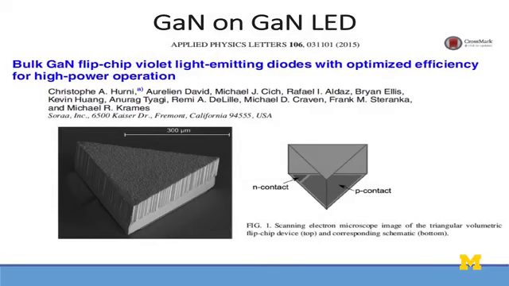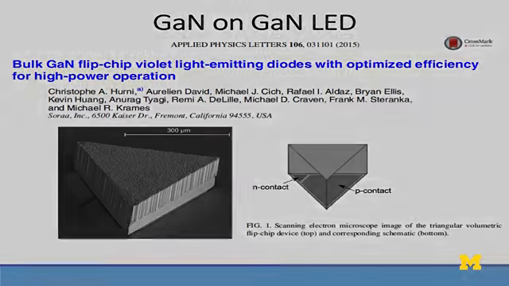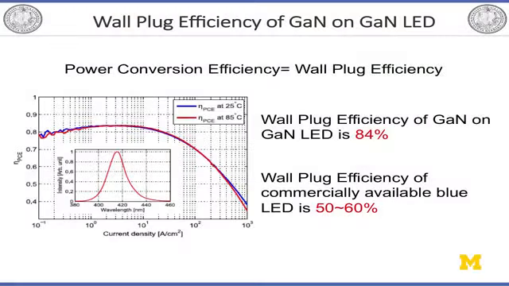Also, usually an LED chip means a rectangular shape, but our company uses a triangular shape, because the difference is much better for a venture company, in order to increase the light extraction efficiency. So basically, with our triangular shape, GaN-on-GaN, and violet LEDs, this is the wall plug efficiency. Wall plug efficiency is almost 80%.